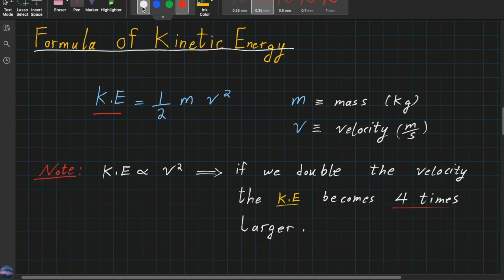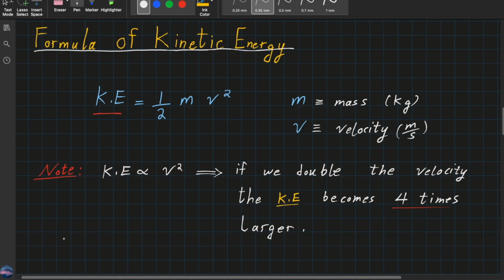We notice that the kinetic energy of the particle is proportional to the square of the speed or the square of the velocity, meaning that if we double the velocity, the kinetic energy becomes 4 times larger than if it was the original velocity, which means that the kinetic energy is dominated by the speed rather than the mass of the object. However, that doesn't mean the mass doesn't contribute to the kinetic energy.